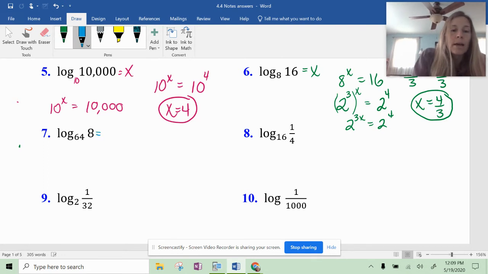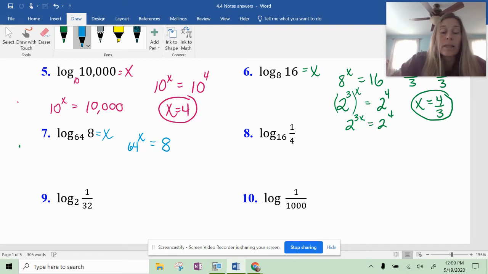Okay, so number 7, log base 64 of 8 equals x. So if I rewrite this, I have 64 to the x power equals 8. So again, I somehow need to make these bases the same. 64 raised to something equals 8. Maybe you know it in your head, maybe you don't. So I want to make these both have the same base.